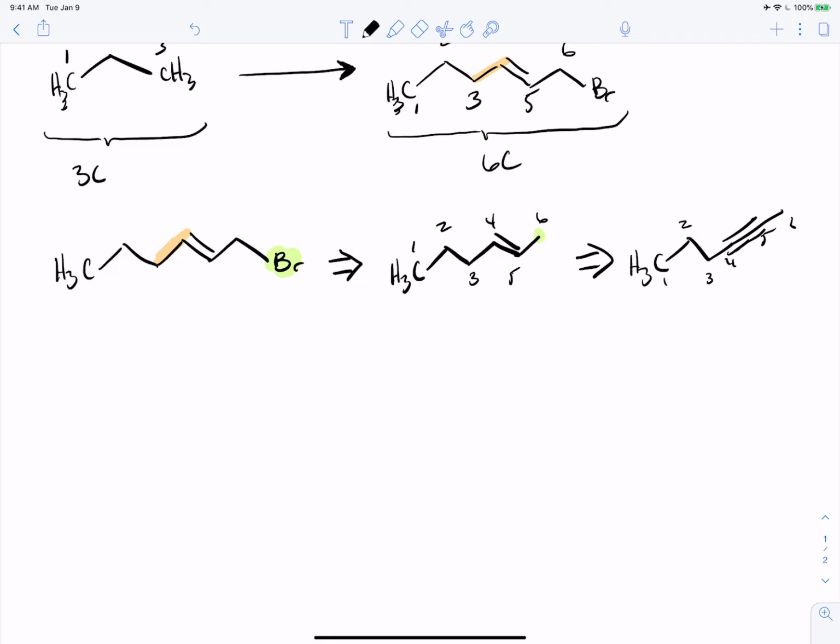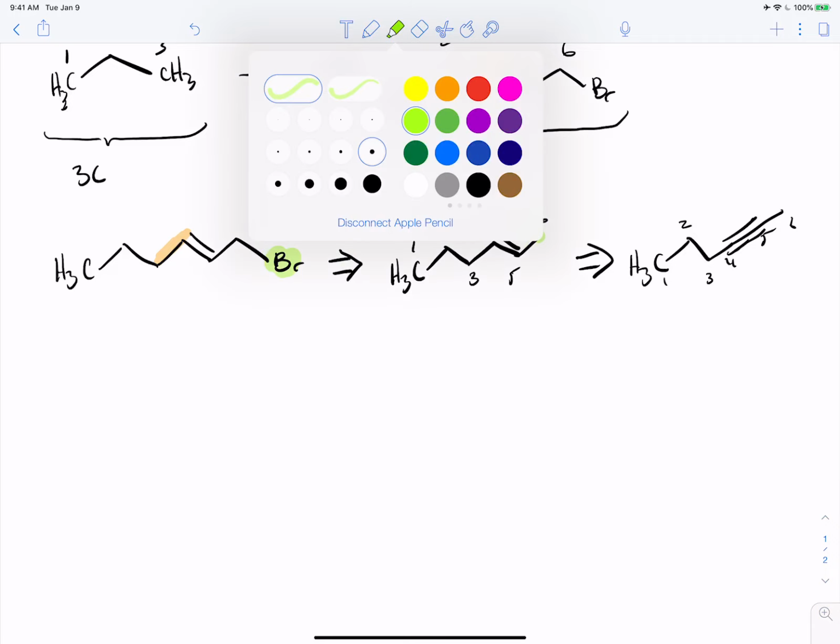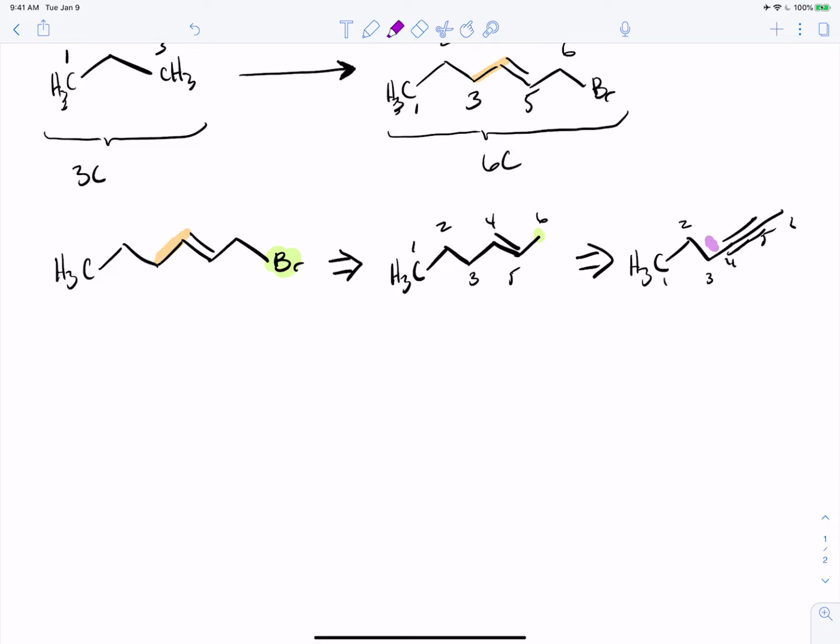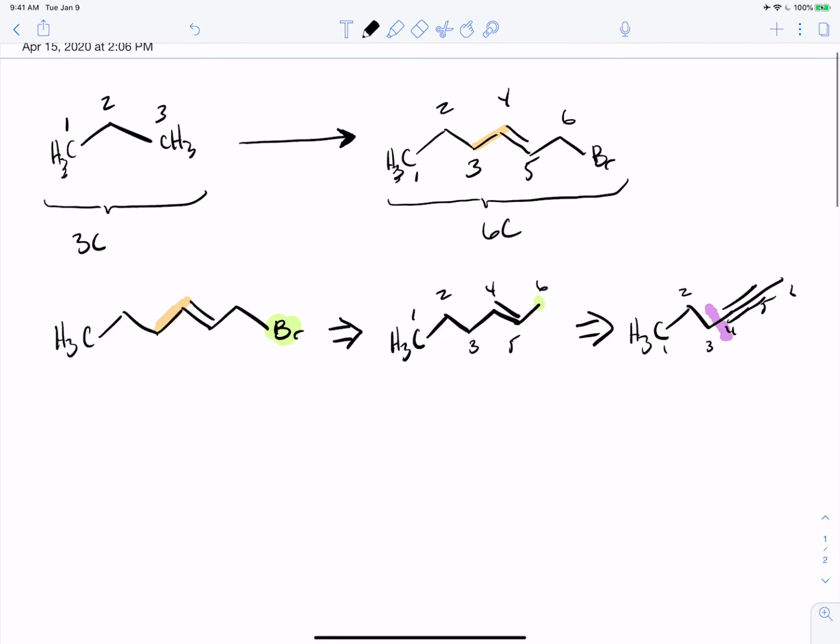Okay, so now I can break at carbon 3, 4. And so what I'll get is 1, 2, 3. I'll put an alkyl halide on one side, sort of cap it with that.